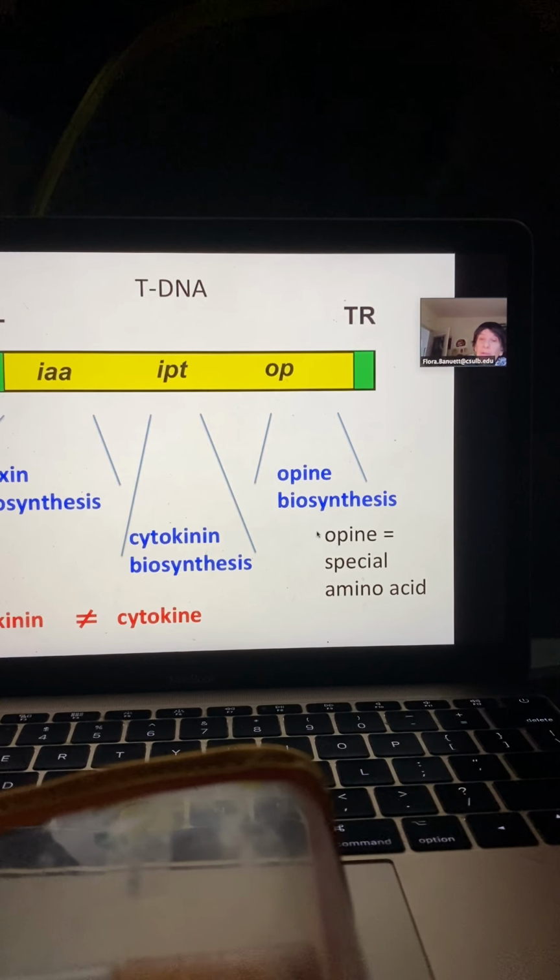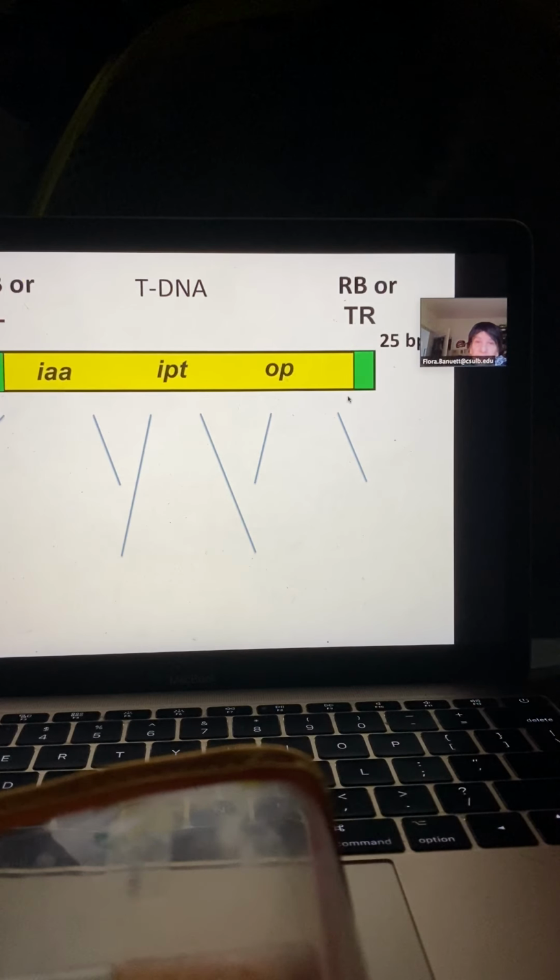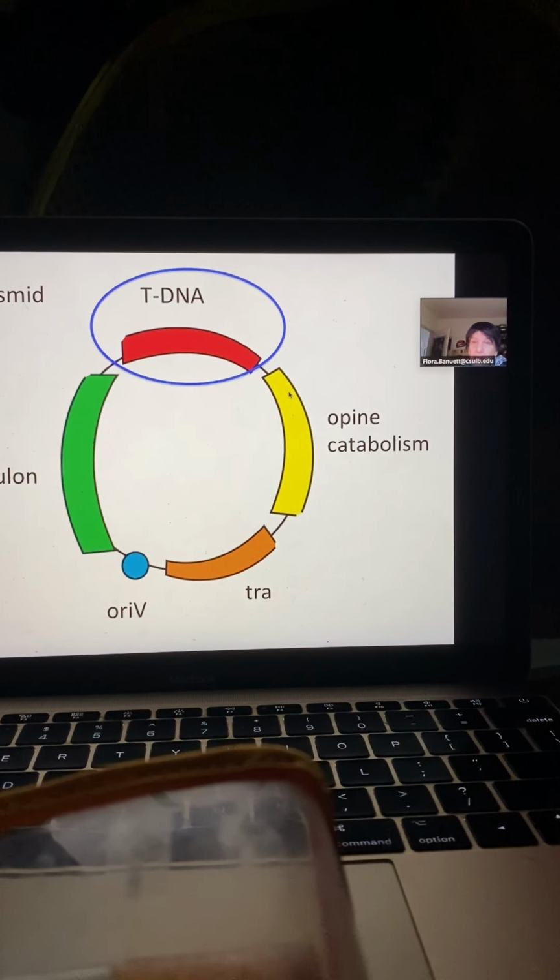Opines are special amino acids. And you had in your exam a question about nopaline. Nopaline is produced by one of these Ti plasmids, and it's of the group of the opines, okay? So it is an unusual amino acid. Okay, this region codes for the enzymes that make these amino acids, and in the Ti plasmid, you also have catabolism.